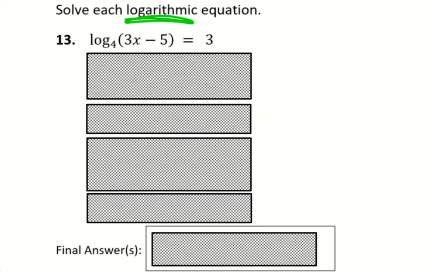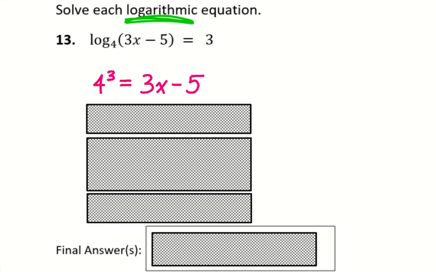There's no extra work needed at the beginning, so let's convert this just like we did earlier in the sample test. 4 is the base, 3 is the exponent, and it's going to equal this big bubble, 3x minus 5. So 4 to the third equals 3x minus 5.